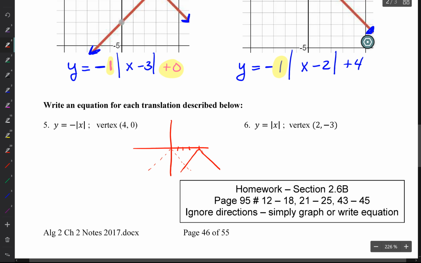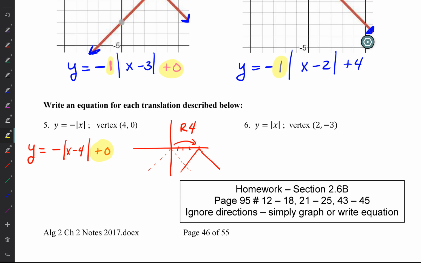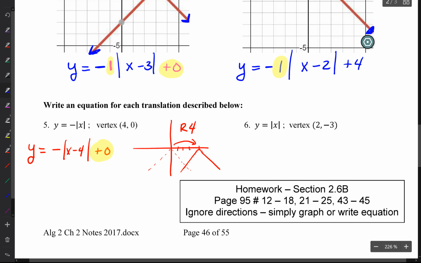Well, remember, it's still going to be a negative, but it's moved to the right 4. What does that imply? Right 4 is x minus 4 with no vertical shift, so plus 0. Once again, that plus 0 is not required, but it helps us understand that we've considered the fact that it doesn't move up or down.